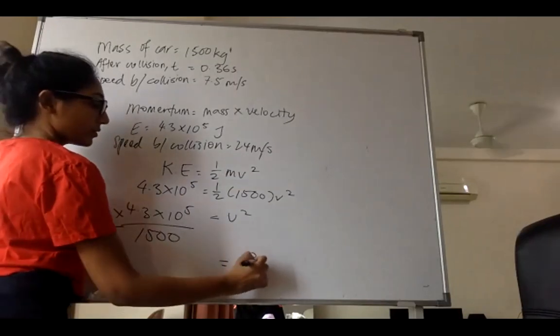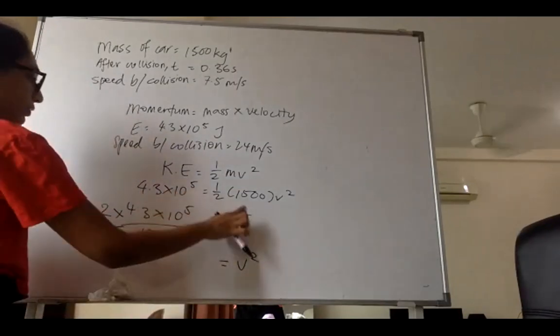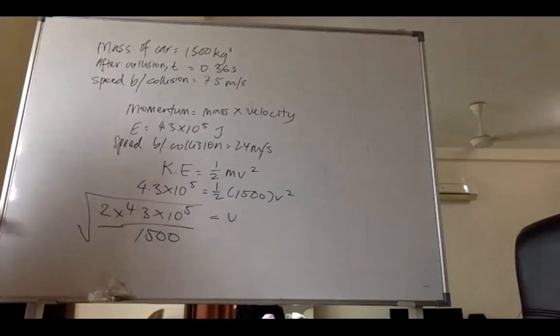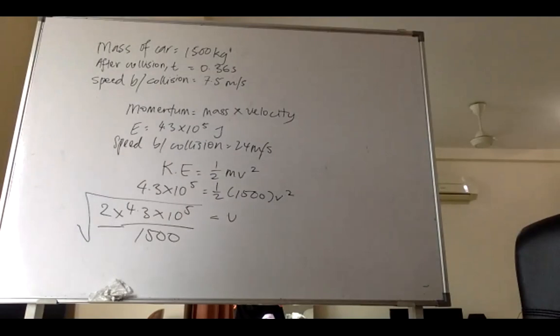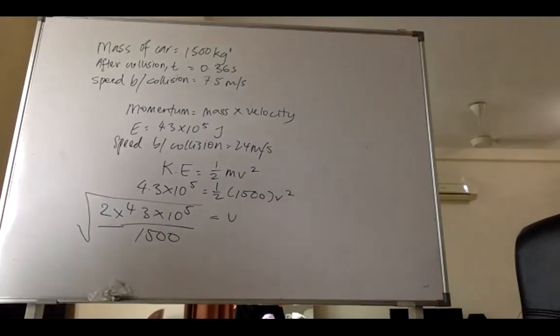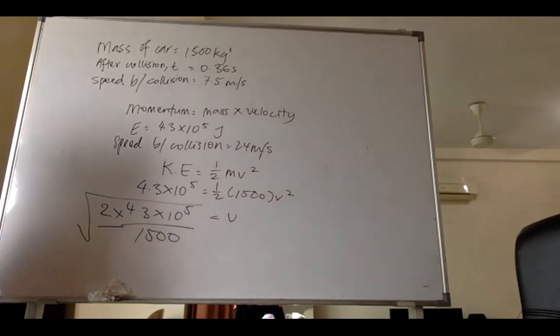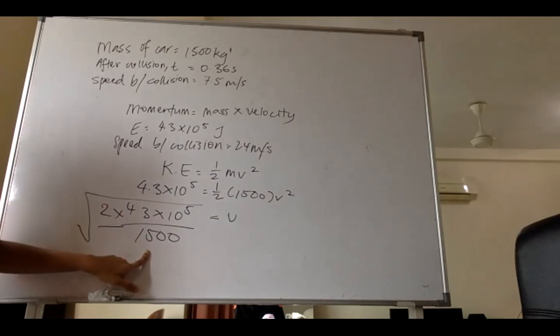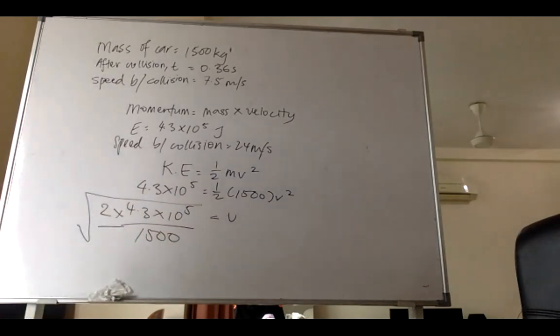And then the square root gives me v. So take 2 times 4.3 times 10 to the power of 5, divide by 1,500, and then square root the answer.